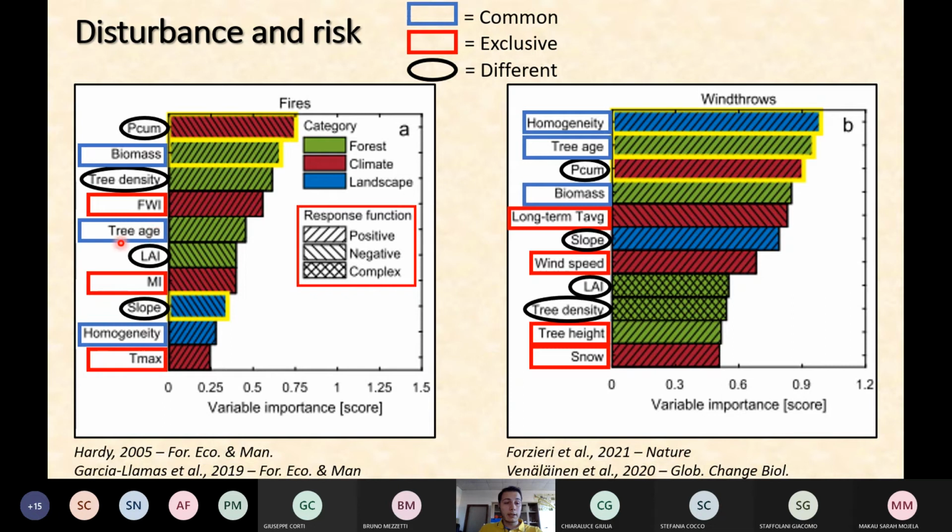As we can see, biomass, tree age, and homogeneity are present in both graphs, and both have a positive effect on the increase of these disturbances.